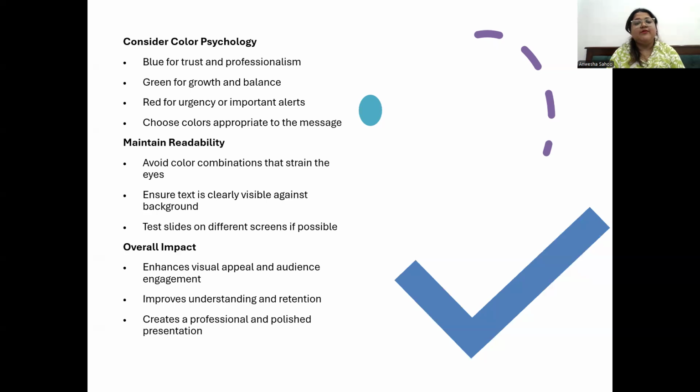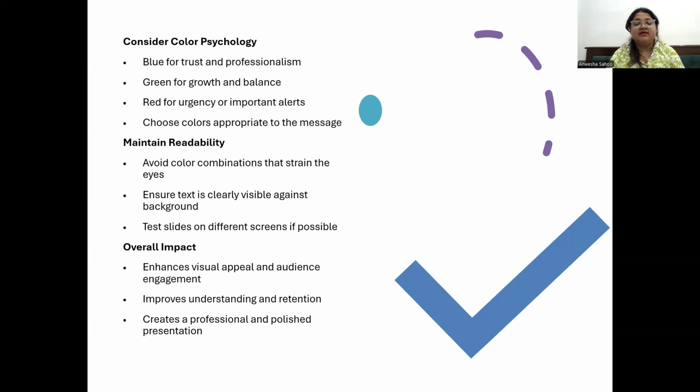For example, blue for trust and professionalism, green for growth and balance, red for urgency or important alerts. Choose colors appropriate to the message. So always in a professional setup, in the organization's corporate world, try to understand the usage of color. So don't use color randomly.